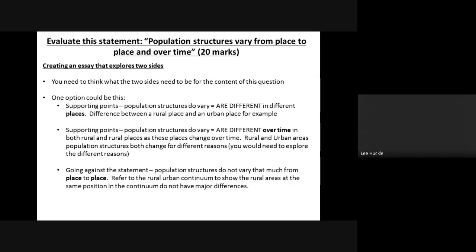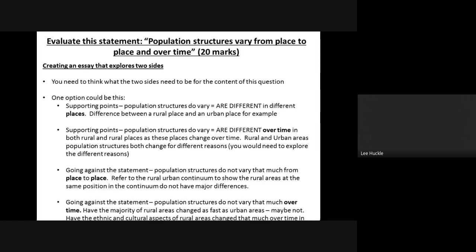Now, again, this is where you're basically referring back to the rural-urban continuum, because the rural-urban continuum shows different places at different stages. So refer to the rural-urban continuum to show that rural areas at the same position in that continuum do not have major differences. There will be slight differences, but they will not be major.